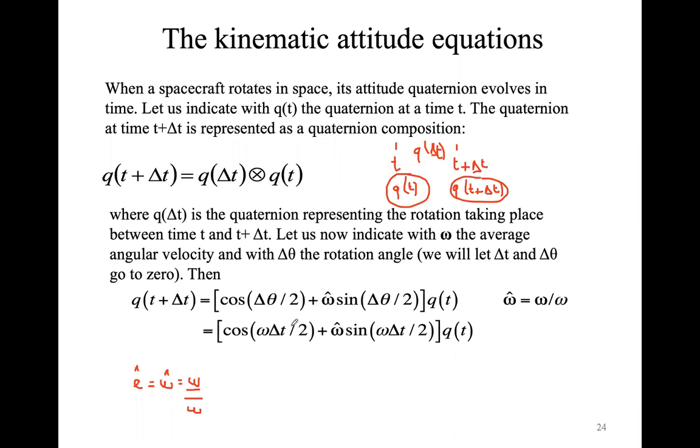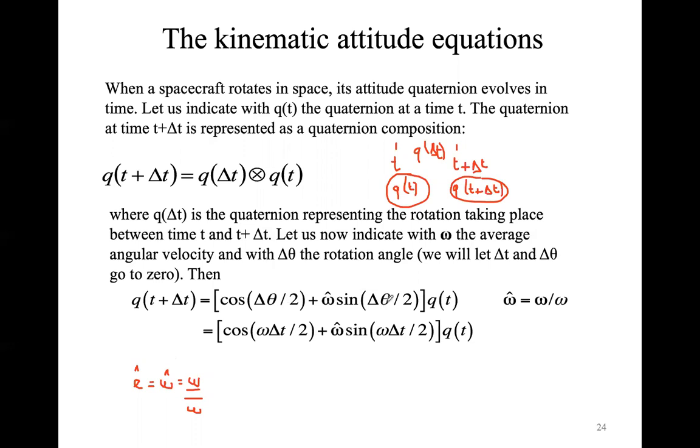So we know that in that time the rotation of the spacecraft was only given by delta theta. As we have written before, the quaternion is written as Q4 equal to cosine of delta theta over 2, and the vector part is given by E times sine of delta theta over 2.